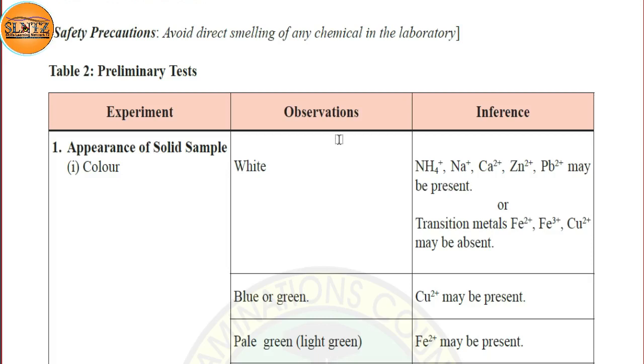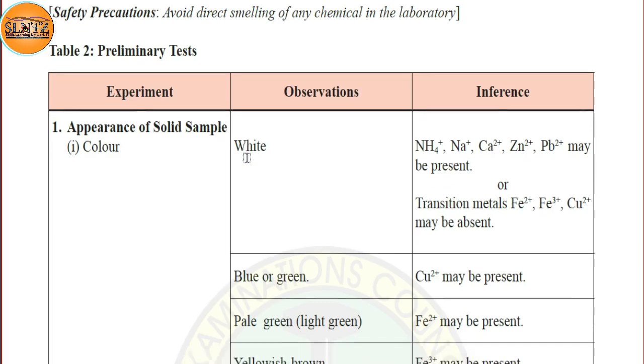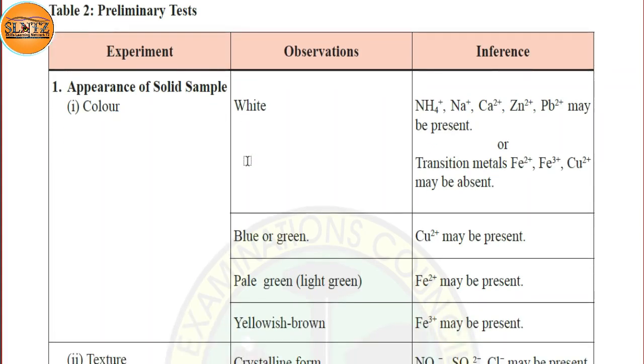Appearance within the sheet is this one. Appearance of solid sample: we have color, texture, deliquescence, smell, and so on. The first is the appearance of zinc nitrate, which is white.